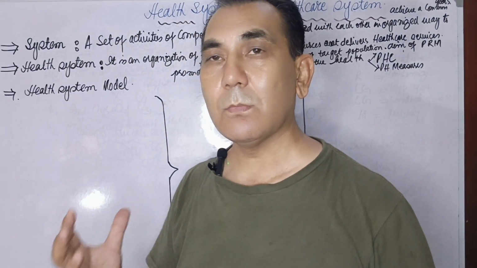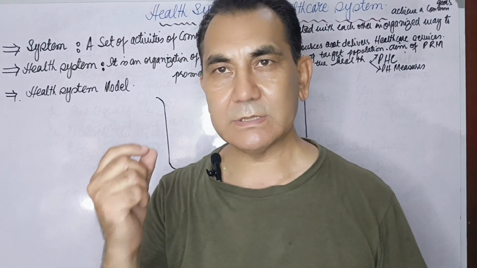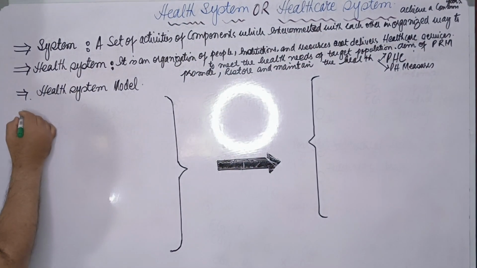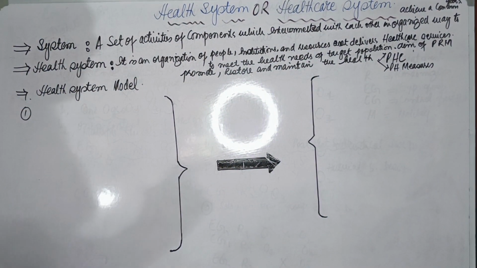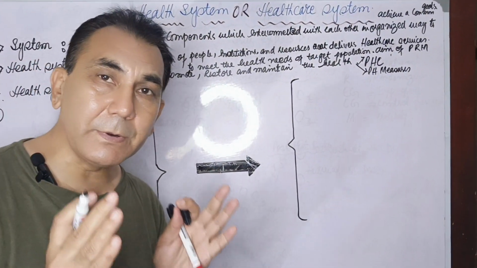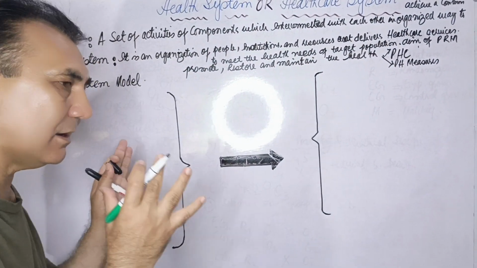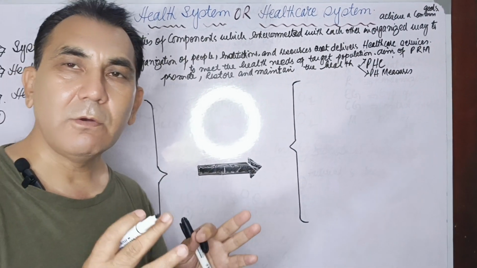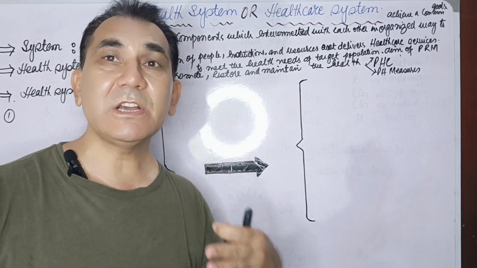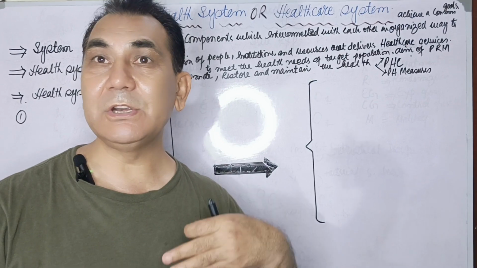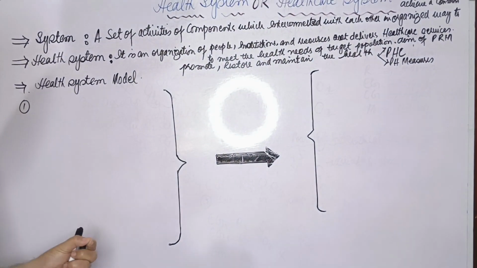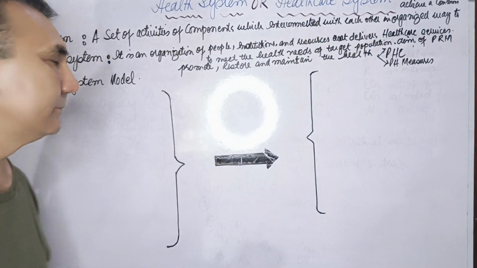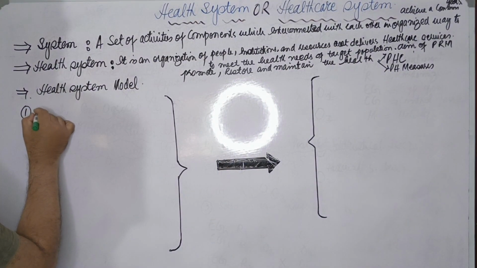Today we will discuss the six building blocks very briefly, and in the next lecture I will discuss each building block in detail. The first one is stewardship.